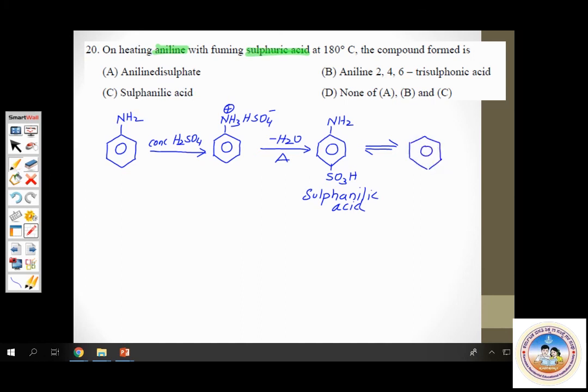So NH3+, SO3-. This is the Zwitterion. So what is the correct answer then? Sulfanilic acid, option C, is the correct answer. Very good. So that's about question number 20.